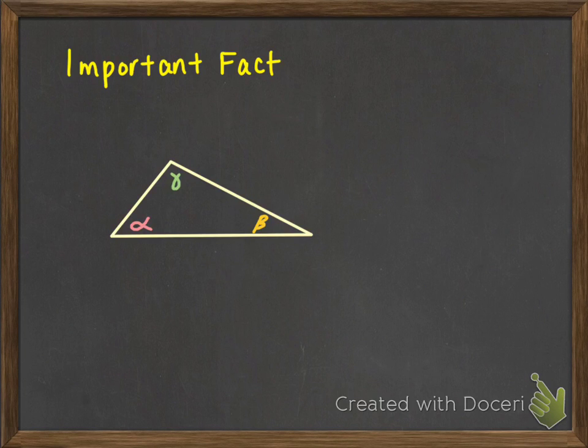Next, I want to discuss a very important fact about triangles. So look at the triangle here. It has three angles, alpha, beta, and gamma. Those are Greek letters. We're going to use that a lot this semester. So if we were to draw a line parallel to the base of our triangle like this, we're going to notice some interesting things.